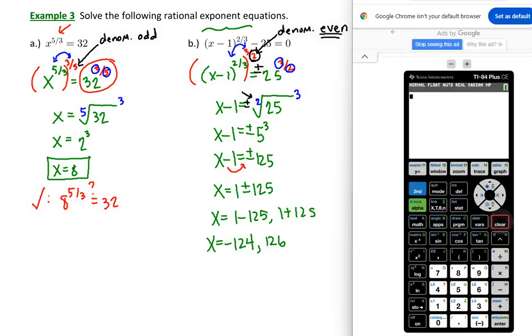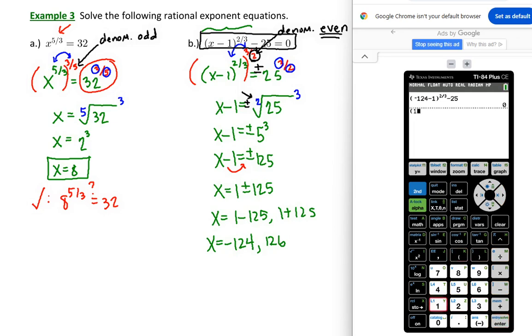I'm going to start with the negative 124, and I'm looking at the original equation before I did any work. So I'm going to replace x with negative 124, subtract 1, raise the whole thing to the 2/3 power, and subtract 25. Awesome. That one balances our equation.